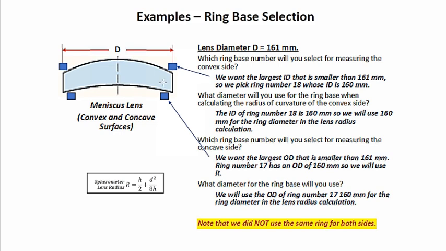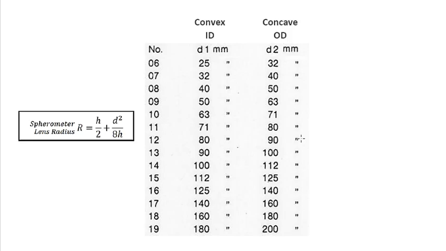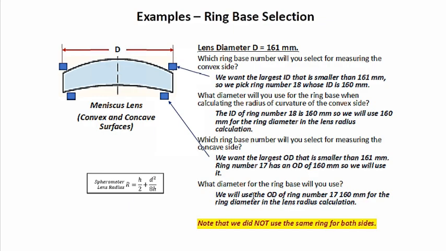Make sure which lens you're dealing with, whether it is your convex lens or your concave lens, okay? So you can be able to use the column correctly, okay? And when we actually calculate the radius of curvature, this d has got to be the base diameter.